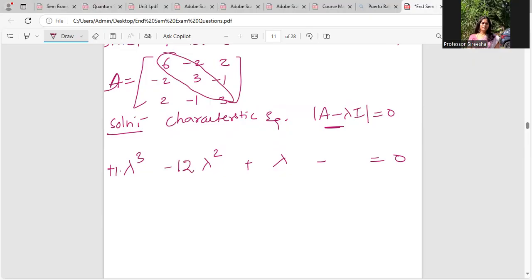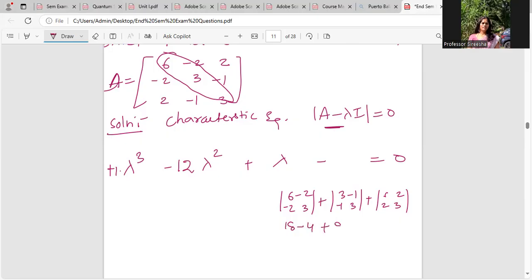Right? Next, the lambda coefficient would be the sum of all those minors having the diagonal elements as the diagonal elements of the minors. Usually we call them principal minors. We add all the minors. 6, 2, 2, 3: 6 times 3 is 18 minus 2 times 2 is 4.